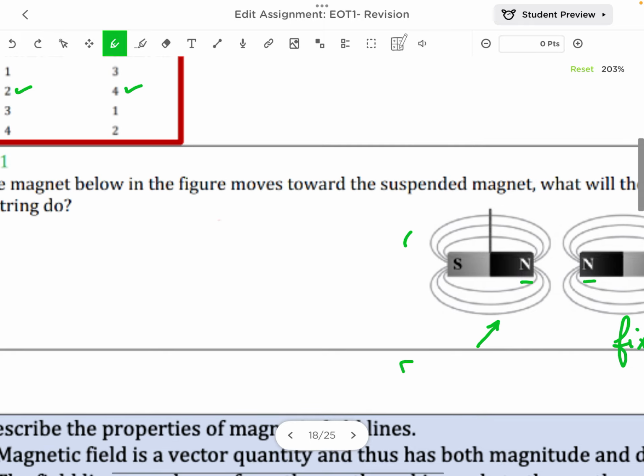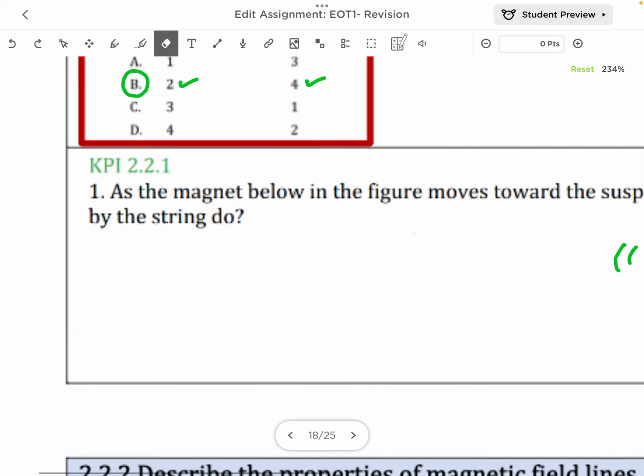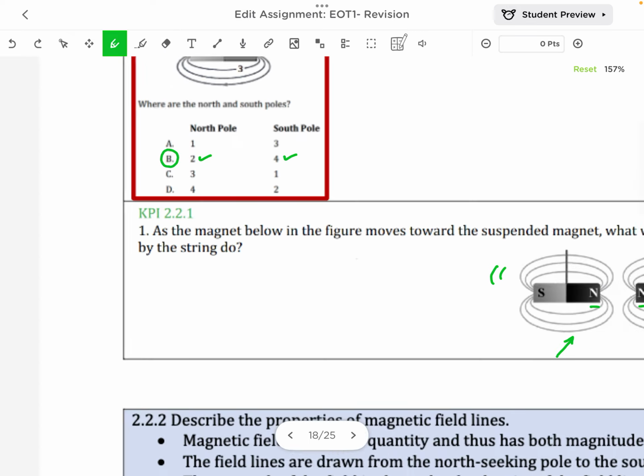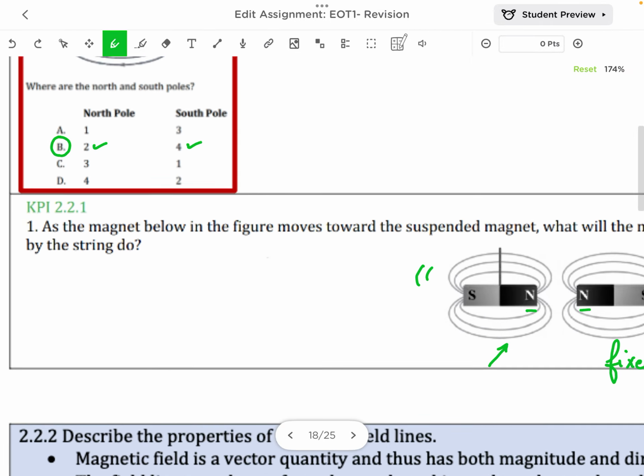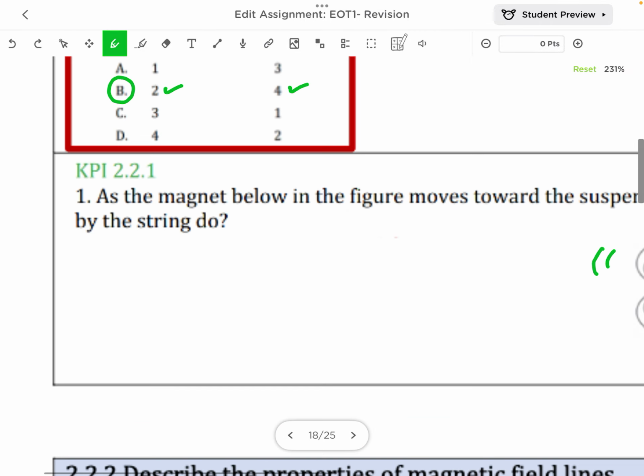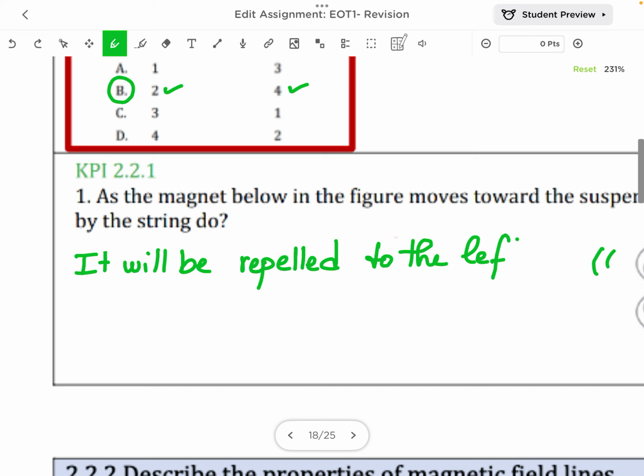So basically, this one will move to the left. What will the magnet suspended by the string do? It will be repelled to the left.